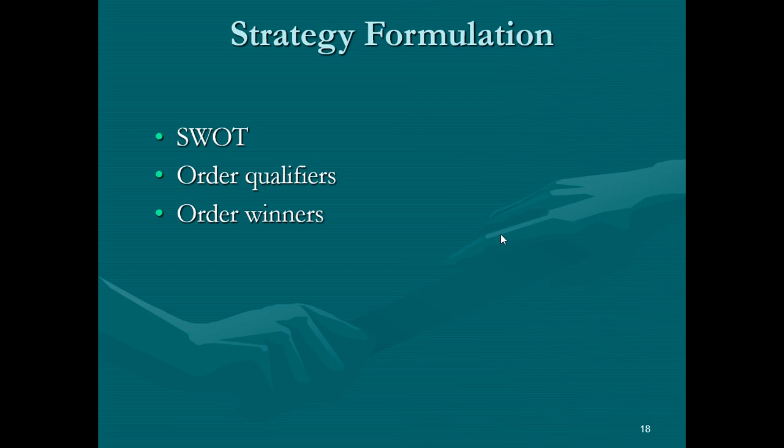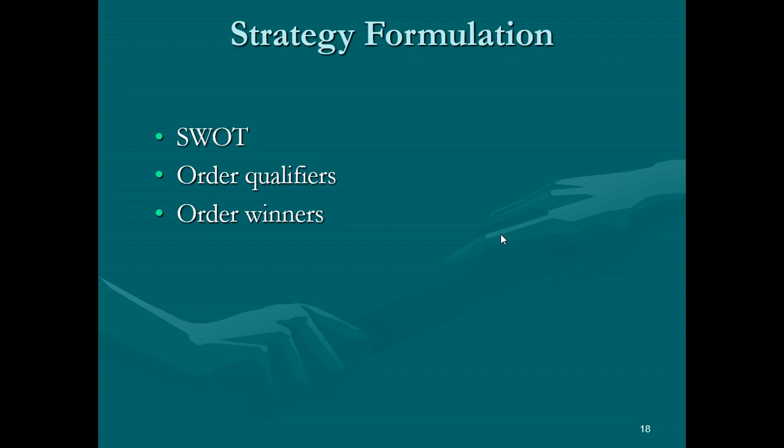Strategy formulation. In order to formulate any strategy, you will depend on what's called SWOT analysis, order qualifiers, and order winners. SWOT analysis depends mainly on the internal and external environment, or your internal and external factors, which will be reflected in S as strength, W as weaknesses.